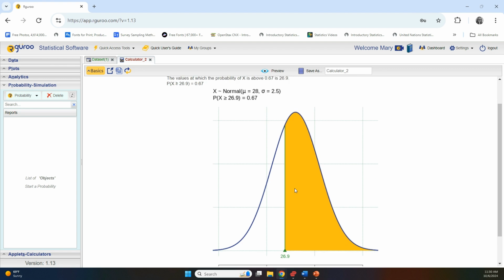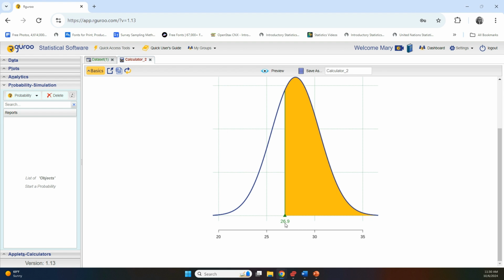So this is a way we can solve inverse probability questions with a normal model, and just know that your answer is going to be within the parentheses here in this format, or you can actually see it down here along the axis. So our question mark in the last slide is now we know it's equal to 26.9.